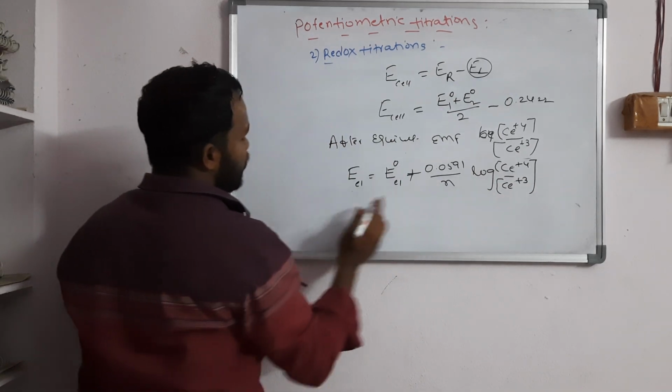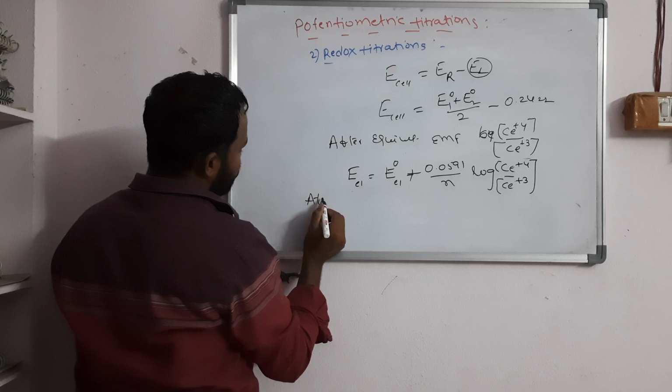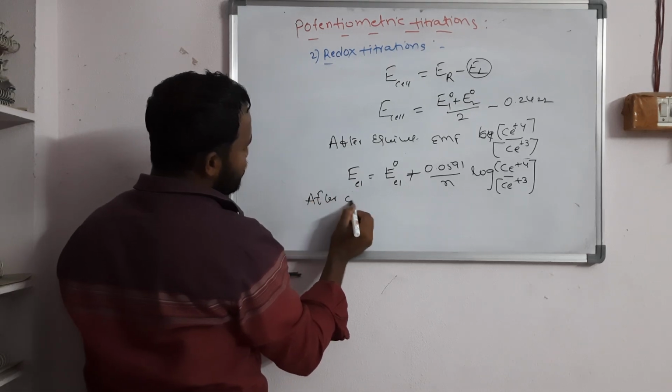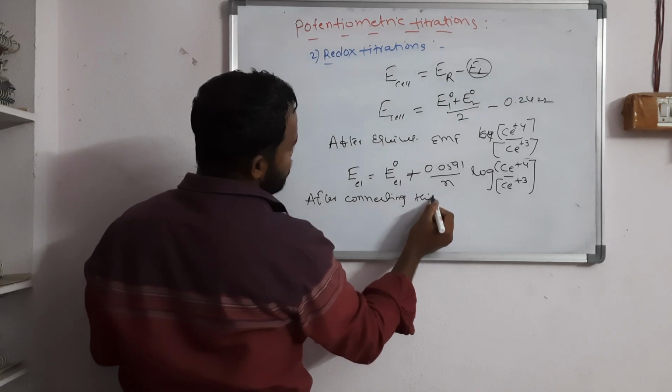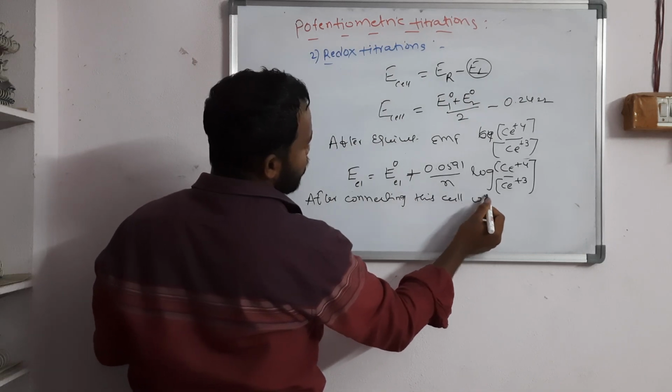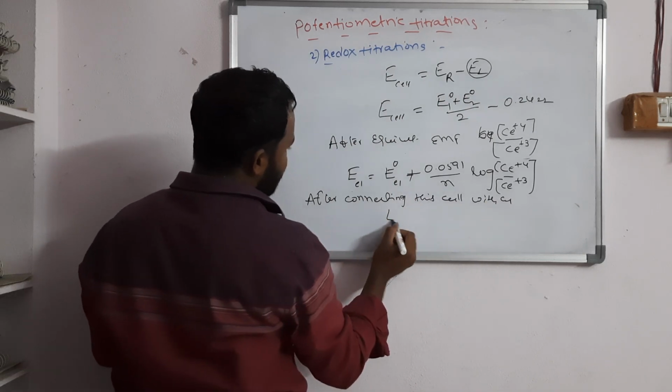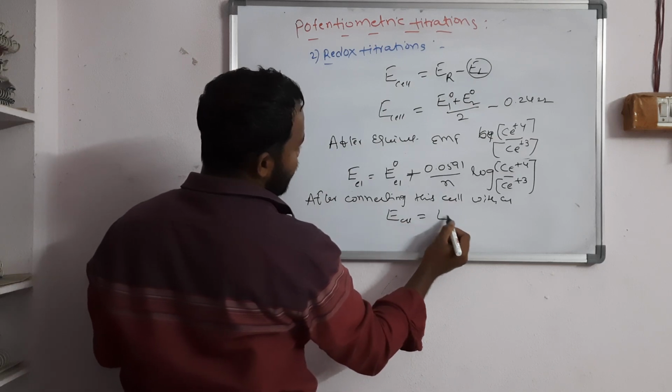So now, after connecting this cell with the Calomel electrode, you will get E cell is equal to E right minus E left.